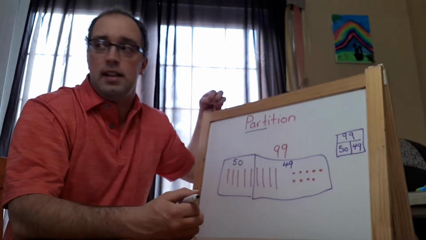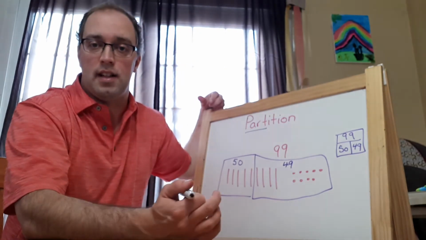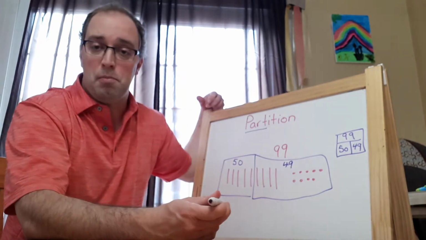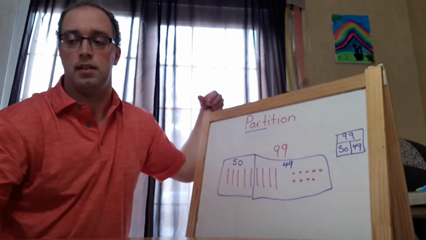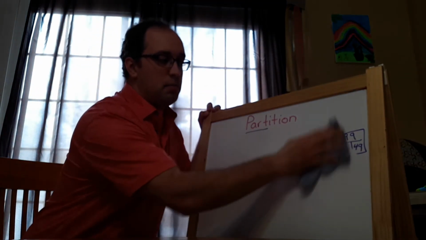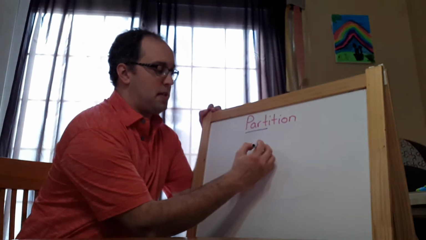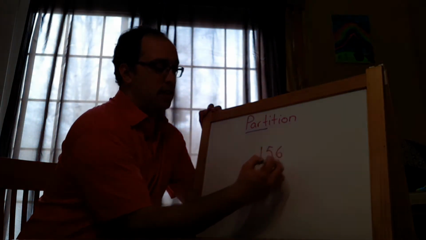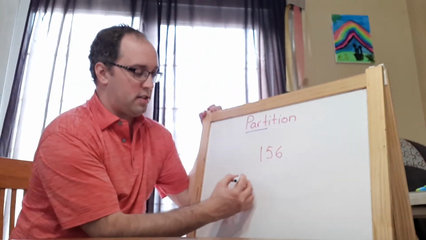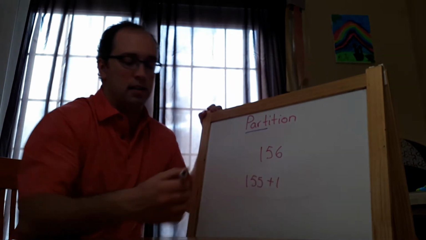Now in the classroom, we try and get students to partition as many ways as we can in a certain time. We want lots of different partitions. It really helps out the students. One really popular partition, and I accept it at first, is something like this. If we have 156, a lot of students will partition it with 155 plus 1.